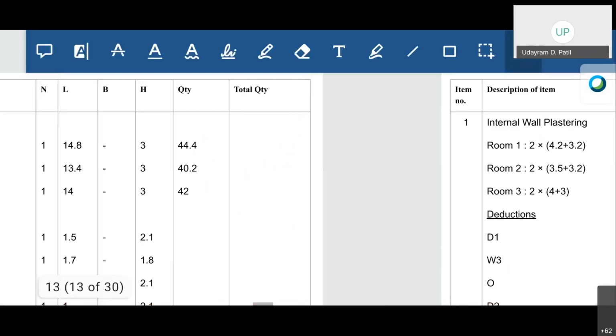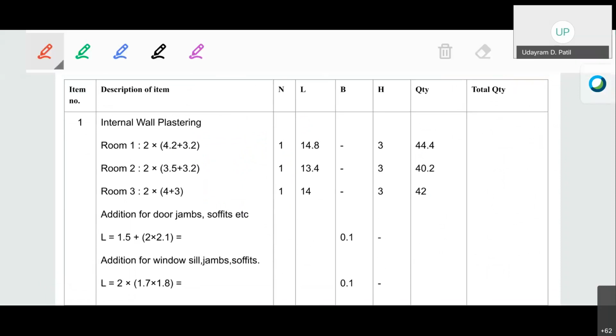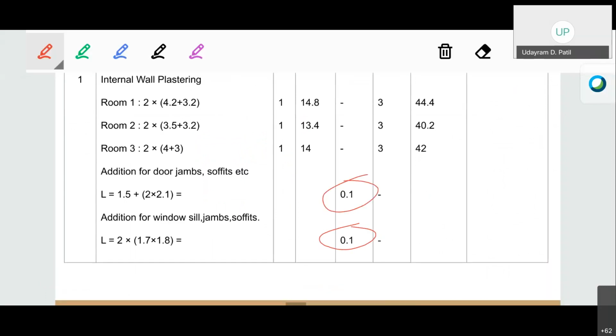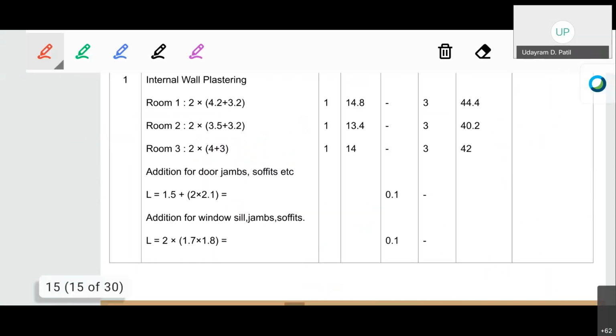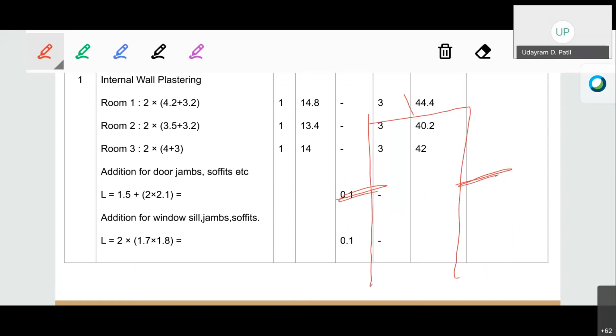Therefore, for addition of the door jambs and the soffit, the breadth will be 0.1 meter. So for door there will be only jambs and soffits. Okay, only jambs, the vertical portion, and the top portion.